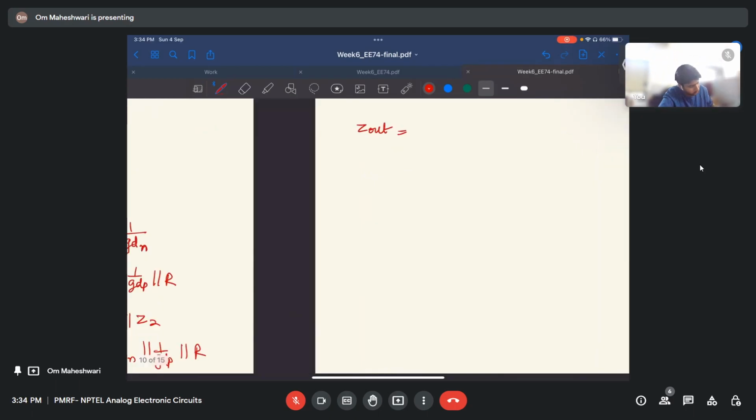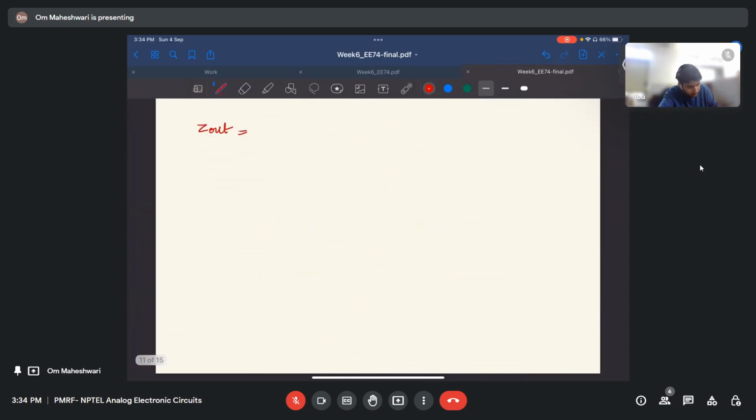Z out is 1 by GD parallel with 1 by GD parallel with R. So 1 by 0.008 parallel 1 by 0.008 parallel R. It is in milli.